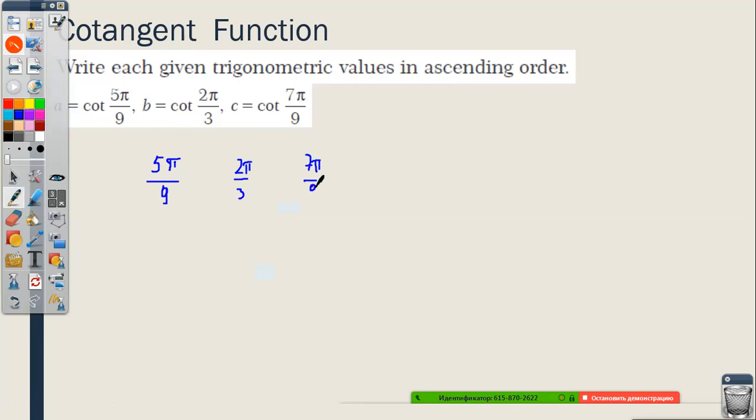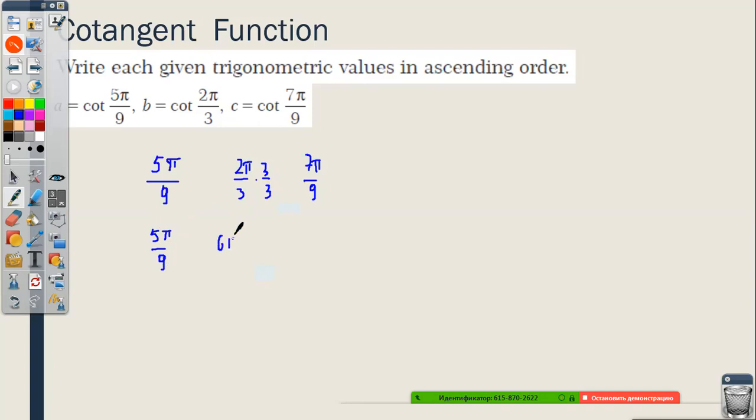As you see, this has a different denominator. To compare them, we should have the same denominator. So to equalize this denominator, I should multiply this angle by 3.